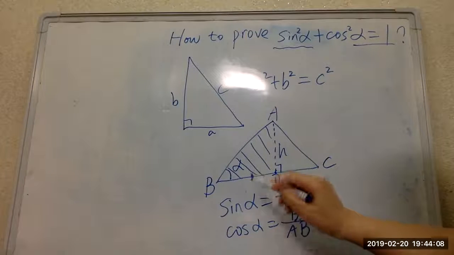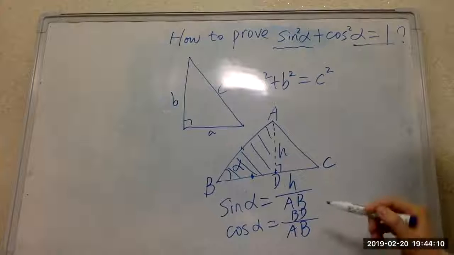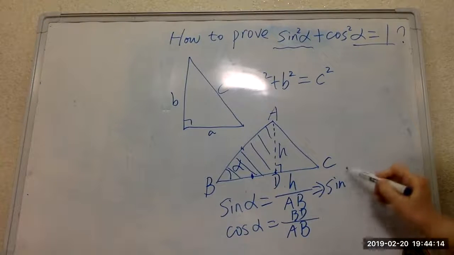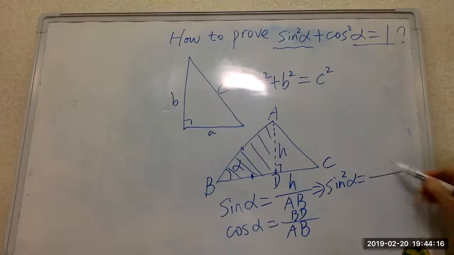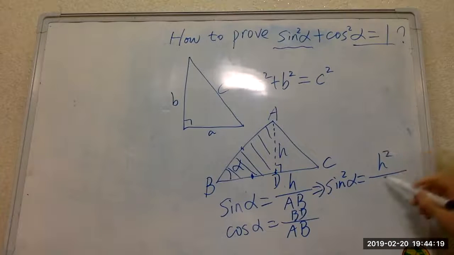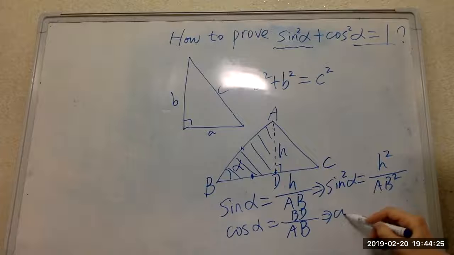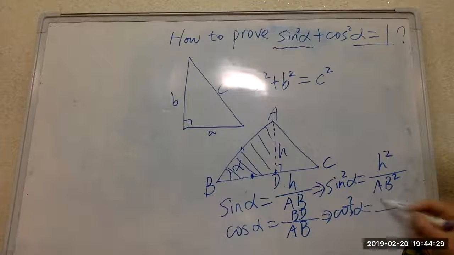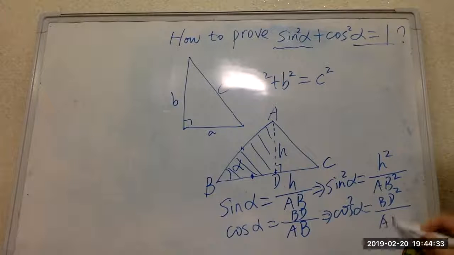So this is the short side and the long side, and so we know that sine alpha squared equals H squared over AB squared, and cosine alpha squared equals BD squared over AB squared.